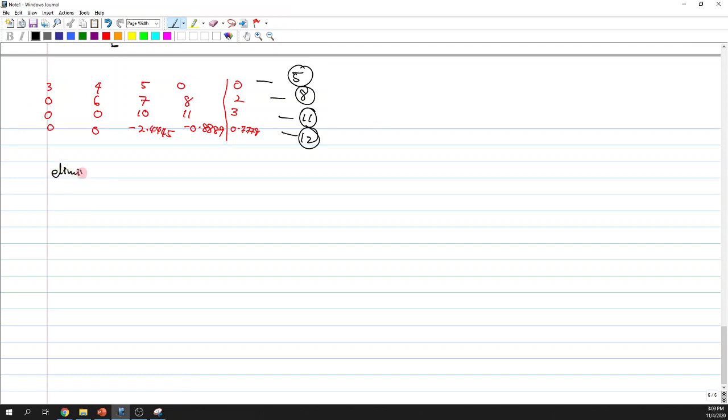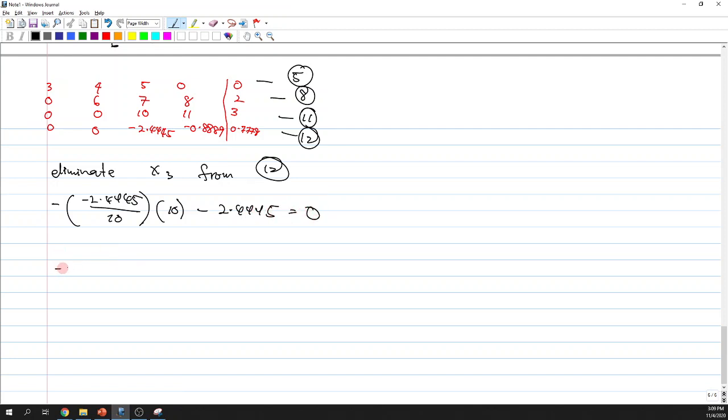So eliminate x3 from equation 12. Okay, so negative 2.4445 divided by 10 times with 10 minus 2.4445 becomes 0, and then negative 2.4445 divided by 10 times 11 minus 0.8889.